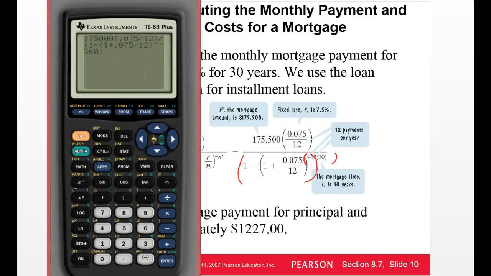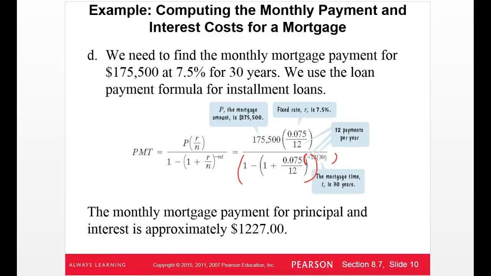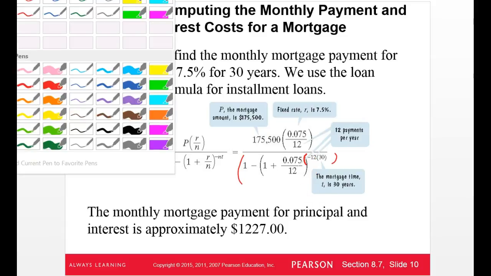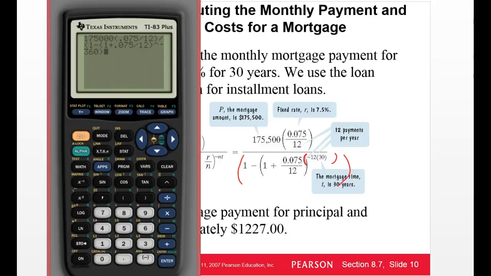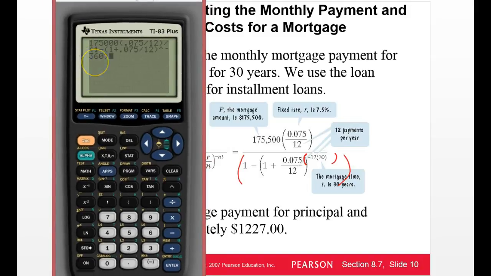Notice I have an extra set of parentheses because there is subtraction down there in the denominator, so I have to make sure I have that parentheses in the denominator. That's where that extra parentheses is, right in front of that 1.